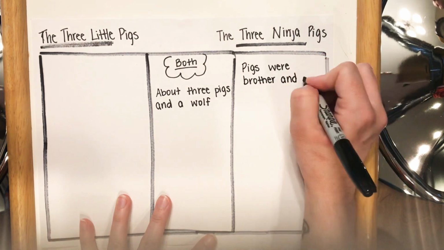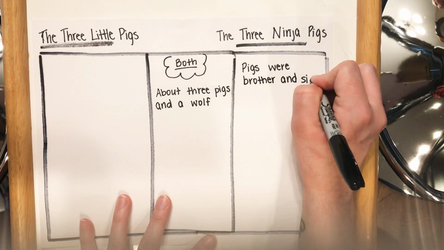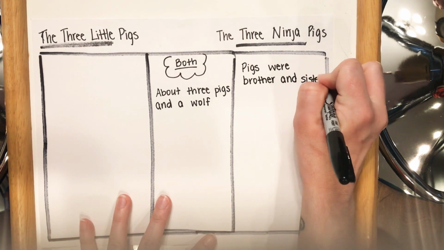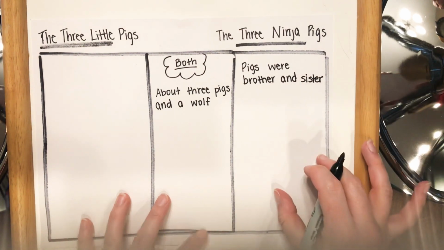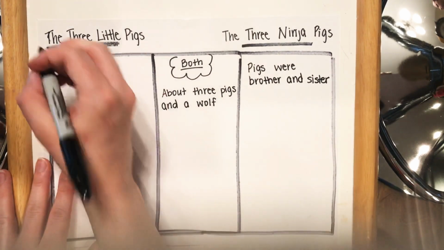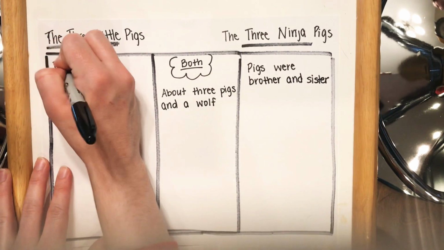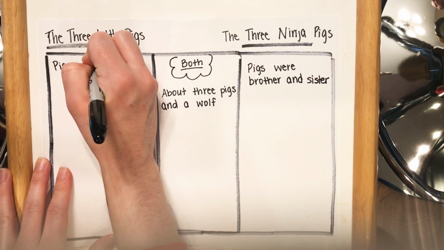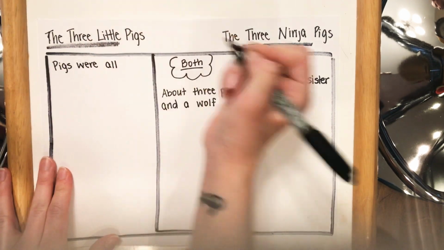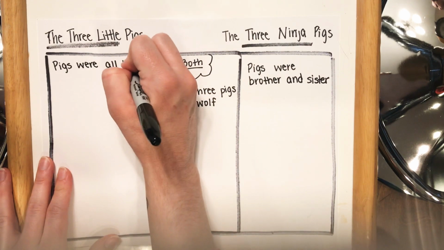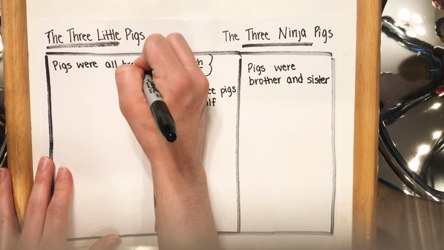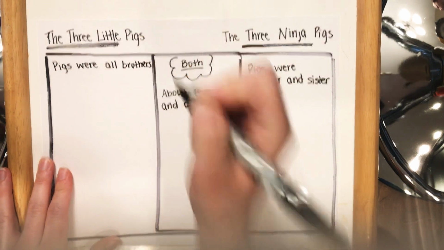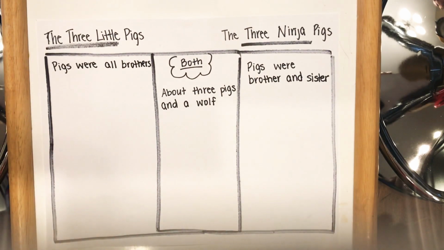I'll just write brother and sister. And then the three little pigs, I can say pigs were all, let's see if I can fit the word brothers here. Aha! The pigs were all brothers.